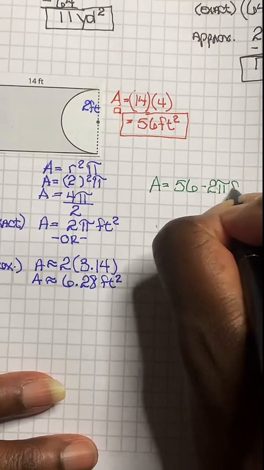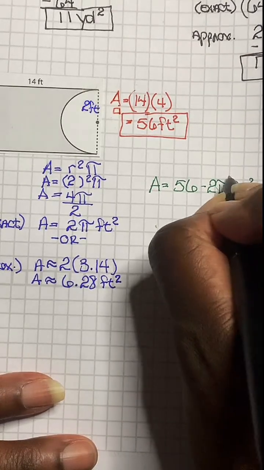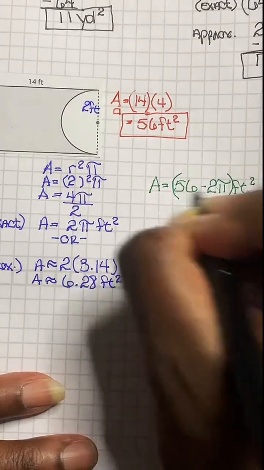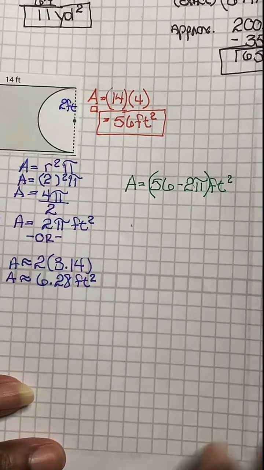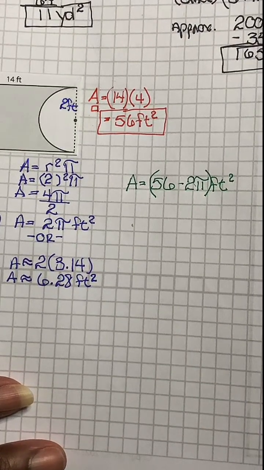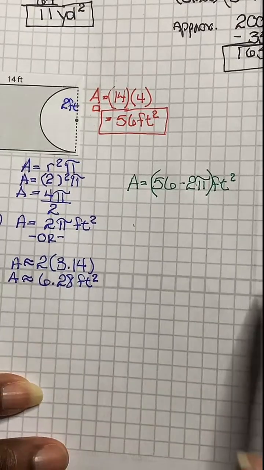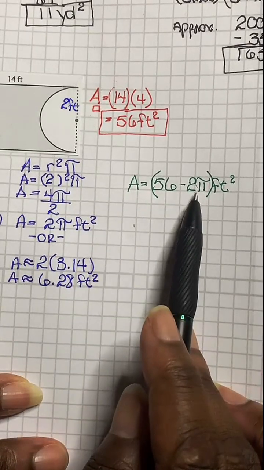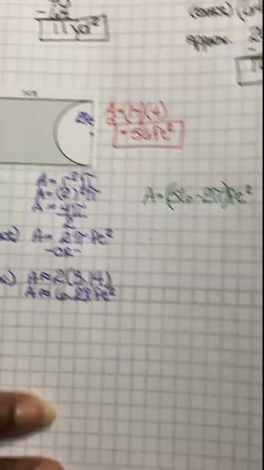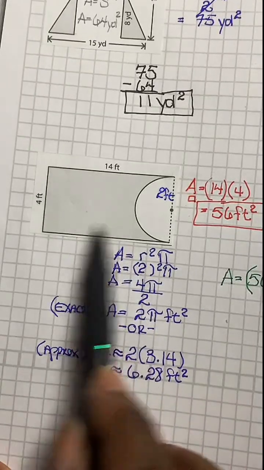And this is going to be squared feet. That is what the exact answer looks like, because we have the whole thing minus the part that's missing. That's how you find the area of what's left over.